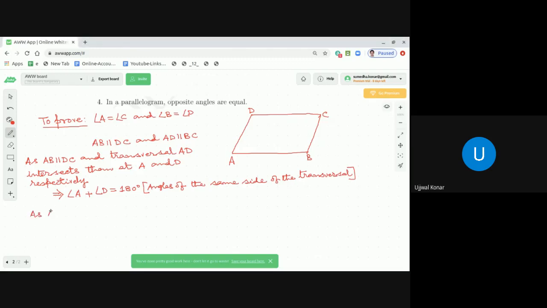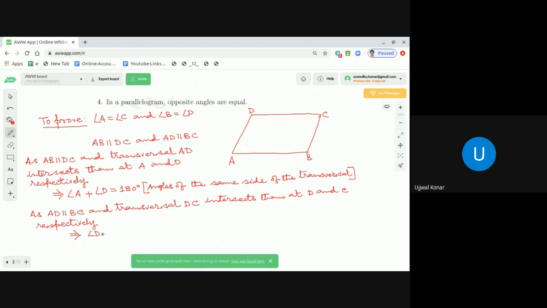So as AD is parallel to BC and transversal DC intersects them at D and C respectively, from there, dear students, we can conclude that angle D plus angle C is also equal to 180 degrees.